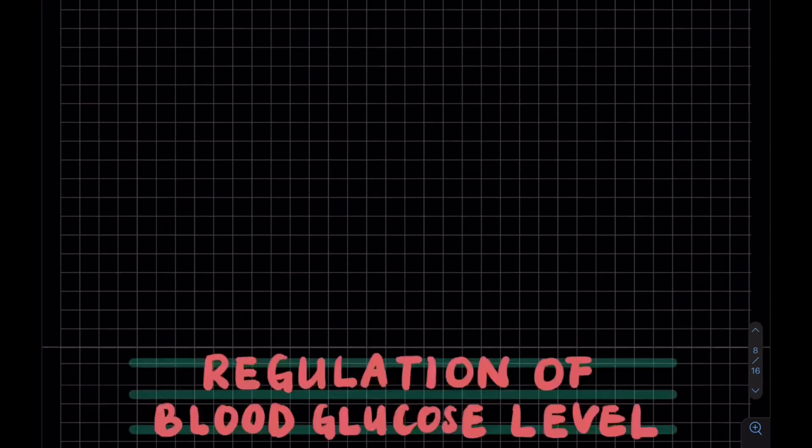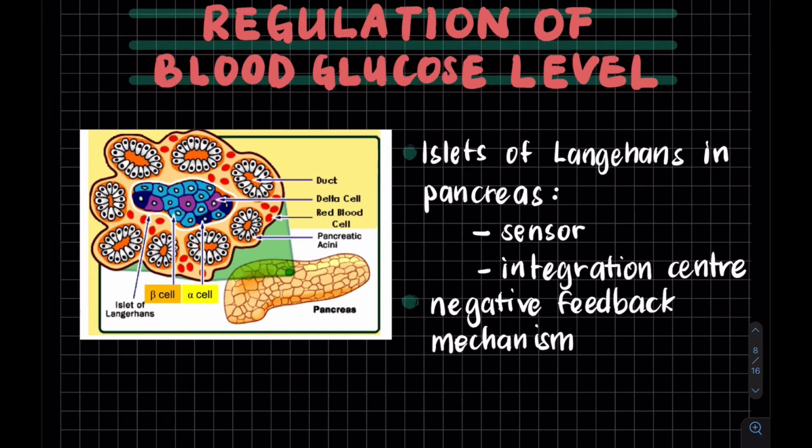Next, we will look at the regulation of blood glucose level, which is controlled by negative feedback mechanism. The regulation of blood glucose level involves alpha cells and beta cells of the islets of Langerhans in the pancreas. Islets of Langerhans act as receptor and control center in the regulation of blood glucose level.